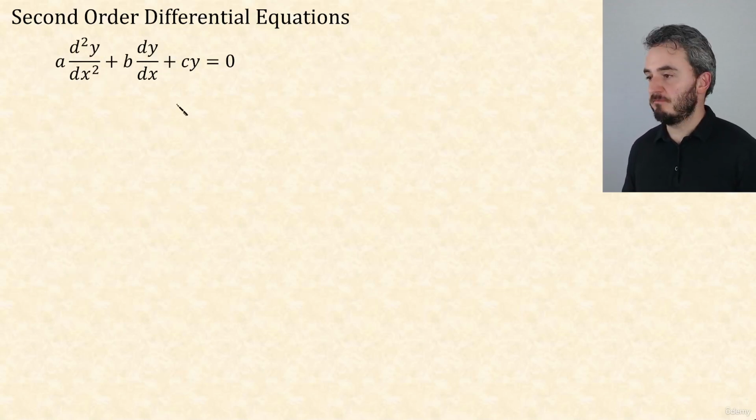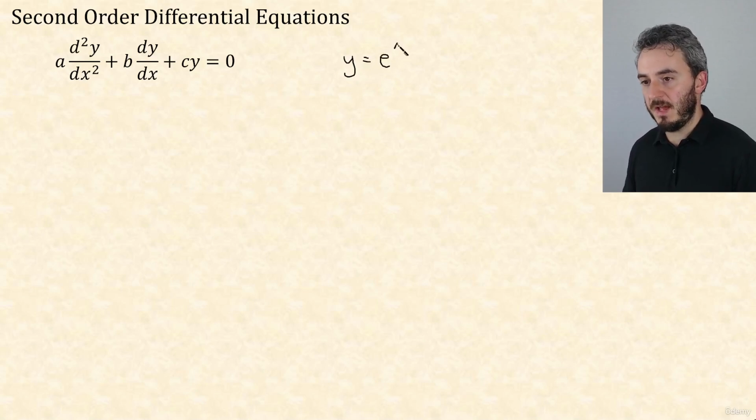We can generalize, and we can say that if we have a times d2y by dx squared plus b times dy by dx plus cy, we form the following auxiliary. Our guess, and we don't always need to do this guess, this is just so you understand where this comes from, our guess would be e to the mx. And by the way, we haven't actually proved that nothing else satisfies it, but we have seen that these are good candidates.